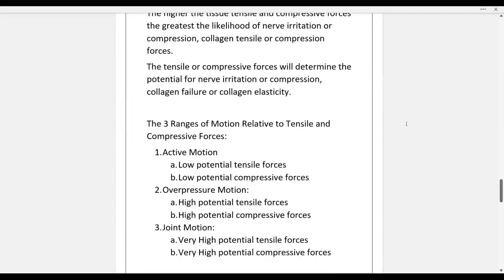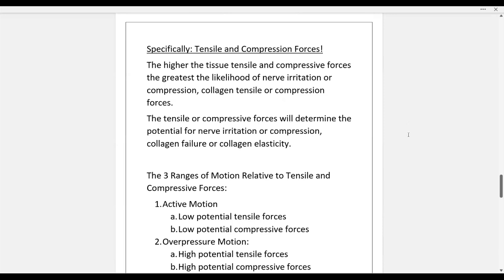Okay, so specifically, we're going to pay a lot of attention to tensile and compressive forces. The higher the tissue tensile and compressive forces when you move, the greater the likelihood of nerve irritation or compression, collagen tension or compression forces. So that's what you want to think of. Look at the tissue in a confined area. Think of compression.